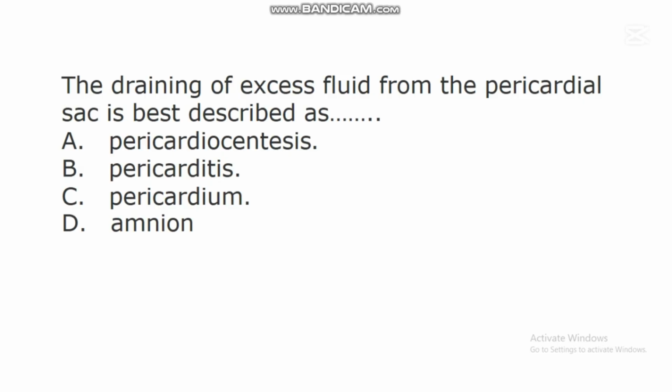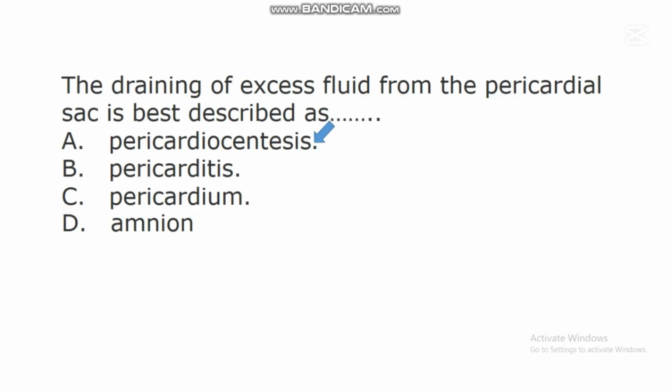D. Amnion. In this question, the correct answer is A. Pericardiocentesis. Pericardiocentesis is the draining of excess fluid that accumulated within the pericardial cavity or within the pericardial sac.